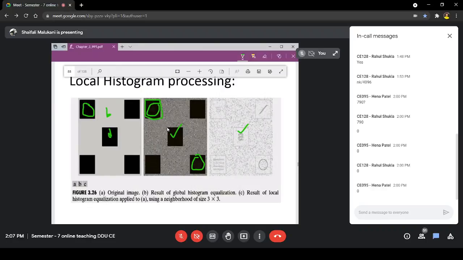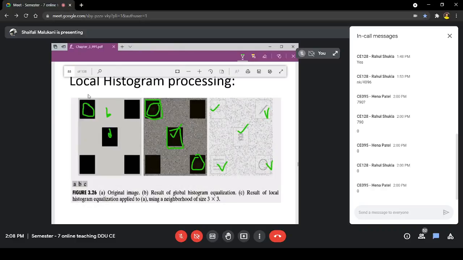But if I take only this much portion, it just has dark intensities. So if I apply histogram equalization, the stretching will be much better, because all the dark intensities are now mapped from dark to bright. Here, dark and bright intensities were both already there, so stretching will not be that impactful, right?